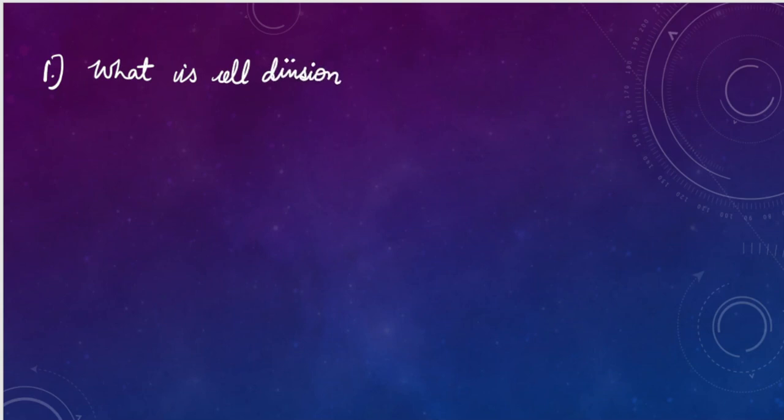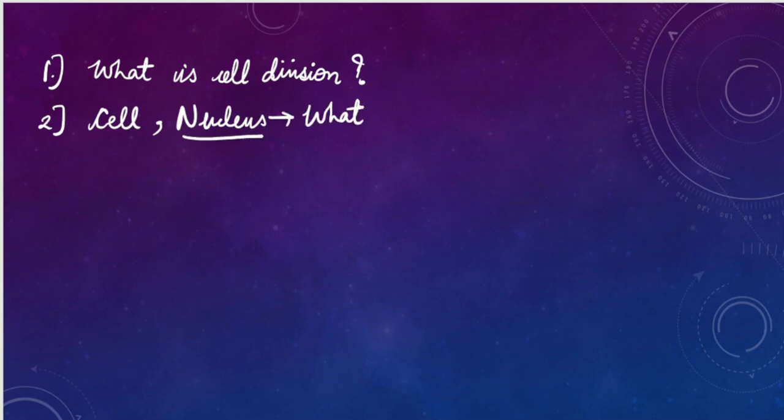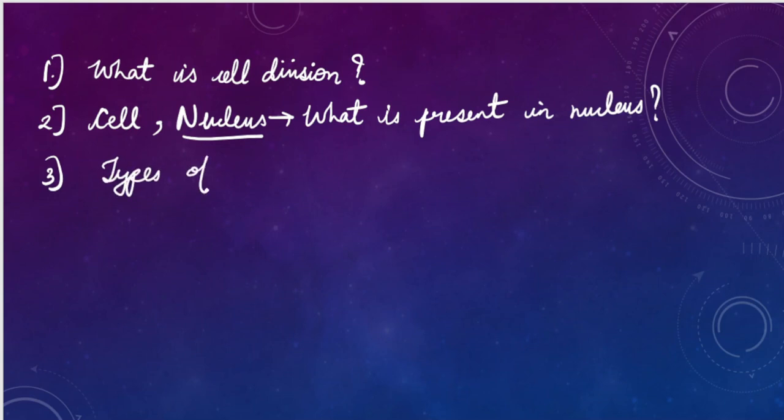Further, I will teach about the cell and nucleus, and what is present in the nucleus. Then I will speak about types of cells. Then the fourth point, types of cell division.